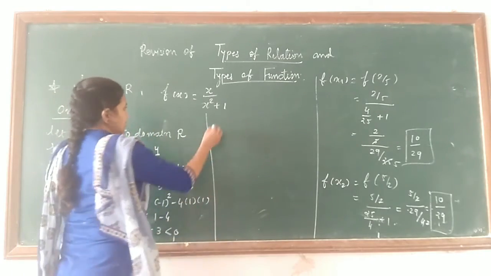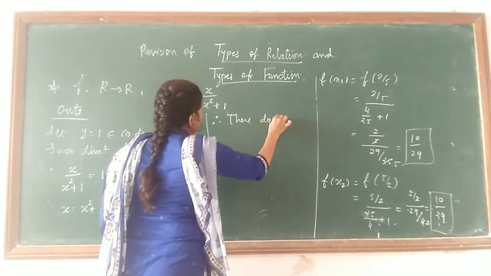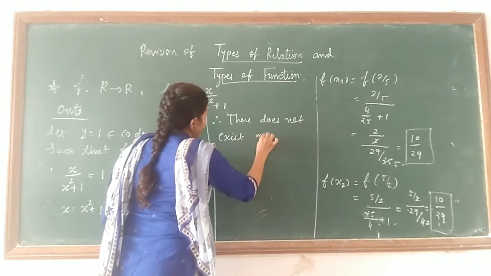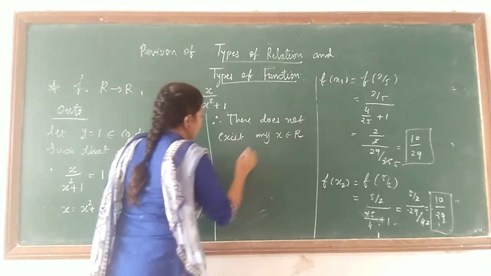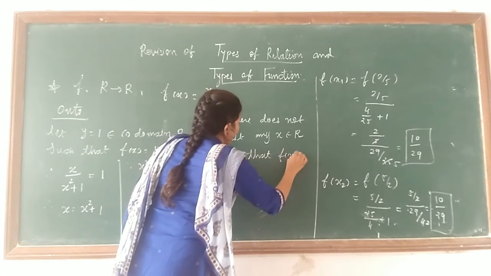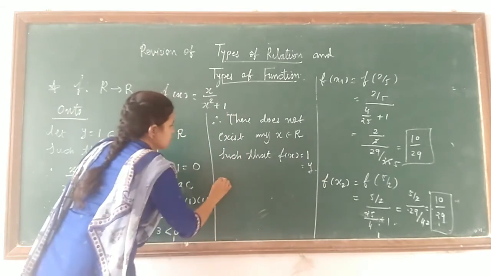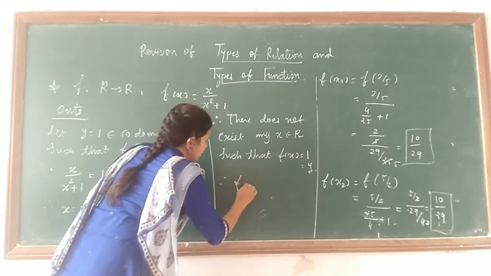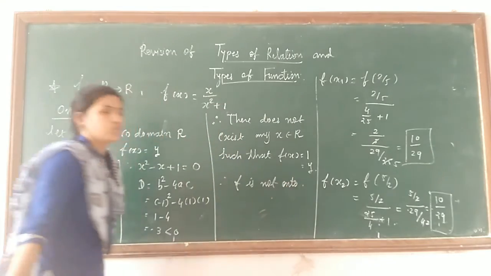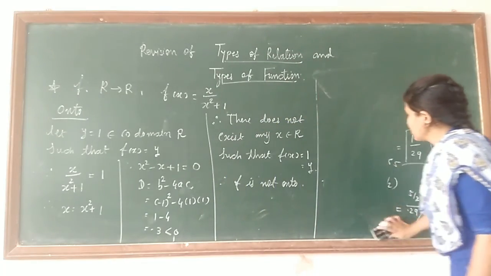So therefore there does not exist any x belonging to R such that f of x can become 1. So therefore our function is not onto. So this is proved: the function is not one-one and not onto here.